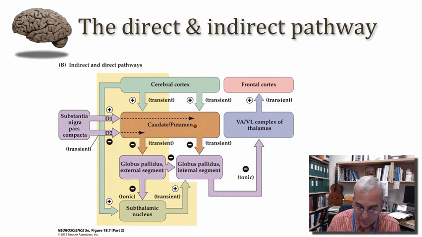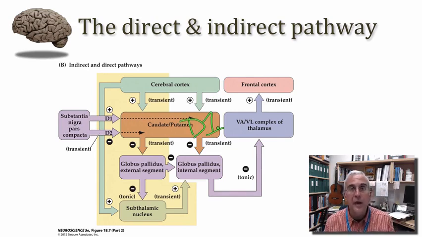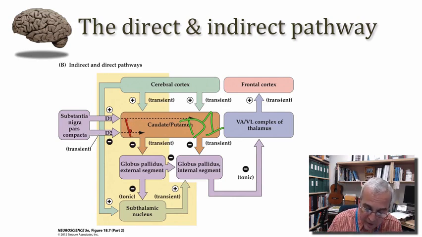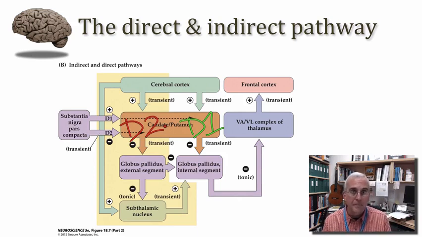The D1 receptors are expressed by neurons of the striatum that are in the direct pathway from the striatum to the internal segment of the globus pallidus. The D2 receptors are expressed by striatal neurons that are in the indirect pathway from the striatum indirectly to the internal segment of the globus pallidus.